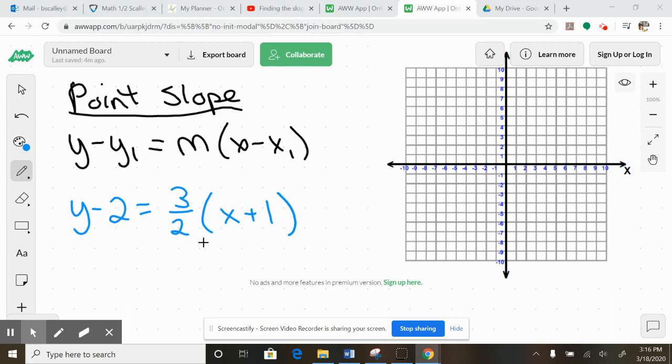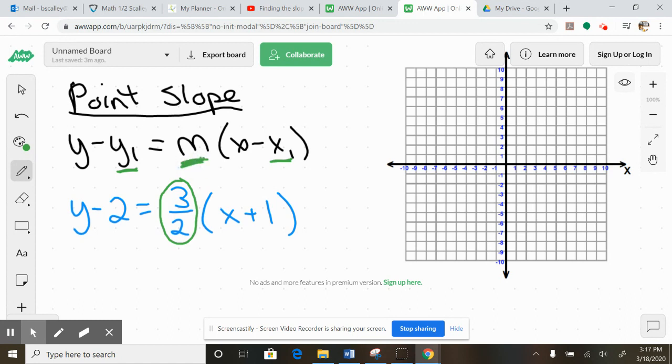However, if I know my point slope form, what I can do is I can plug in for my y1, my x1, and my m, and I can look at what are in those positions right now. Now, the easy one to start out with is I can see 3 over 2 is in the position where m is.